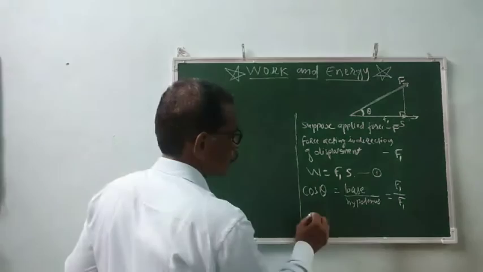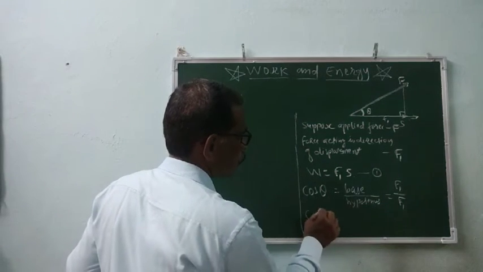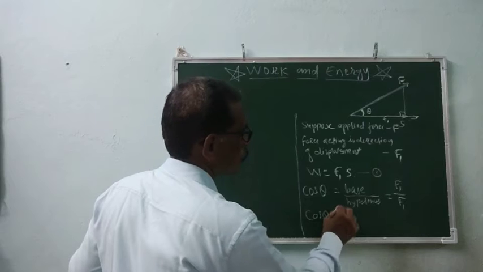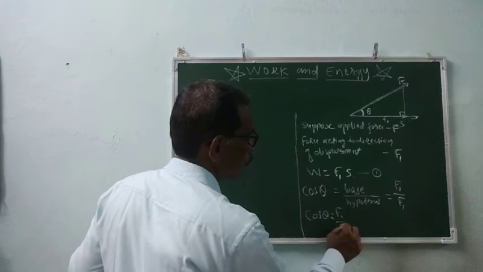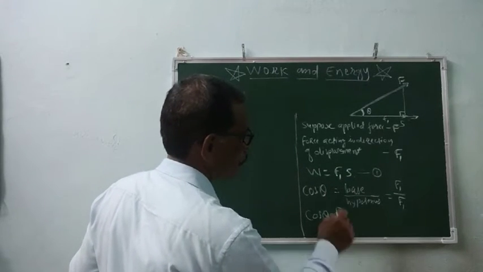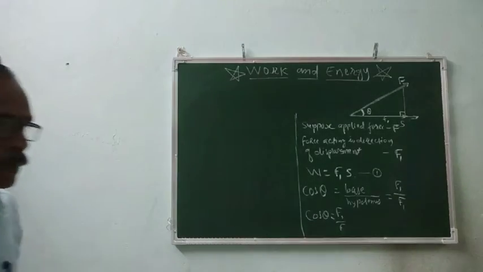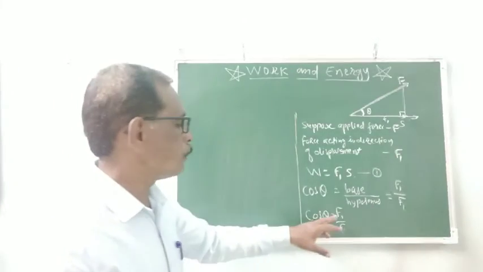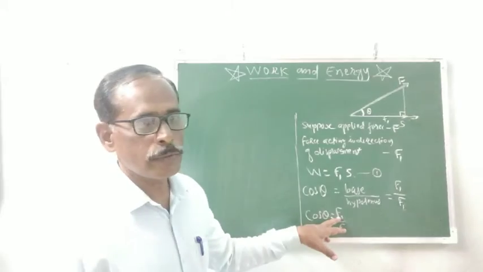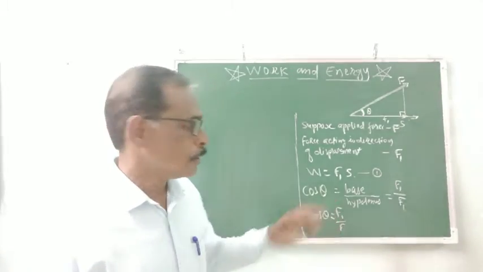Then see here, what happened? Cos theta equal to F1 by F. We have that equation. Our interest is to find the value of F1.